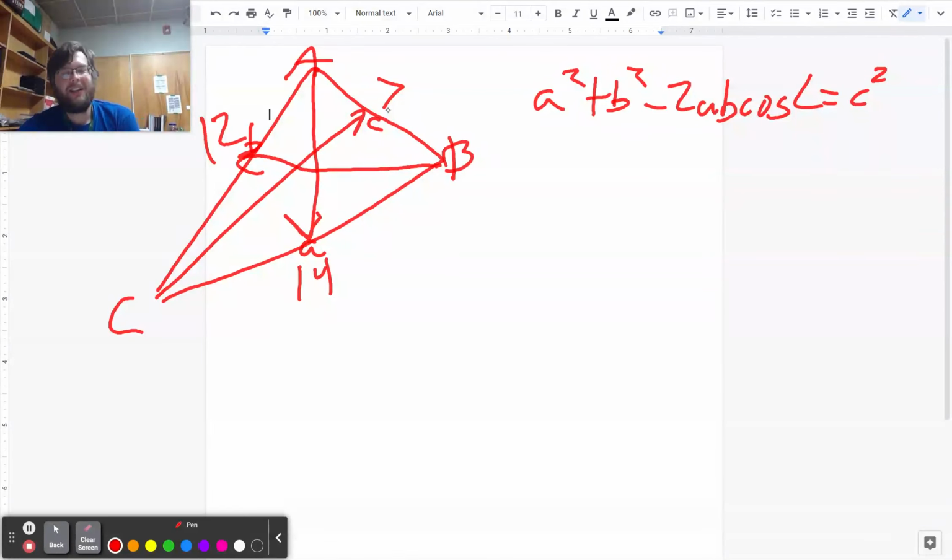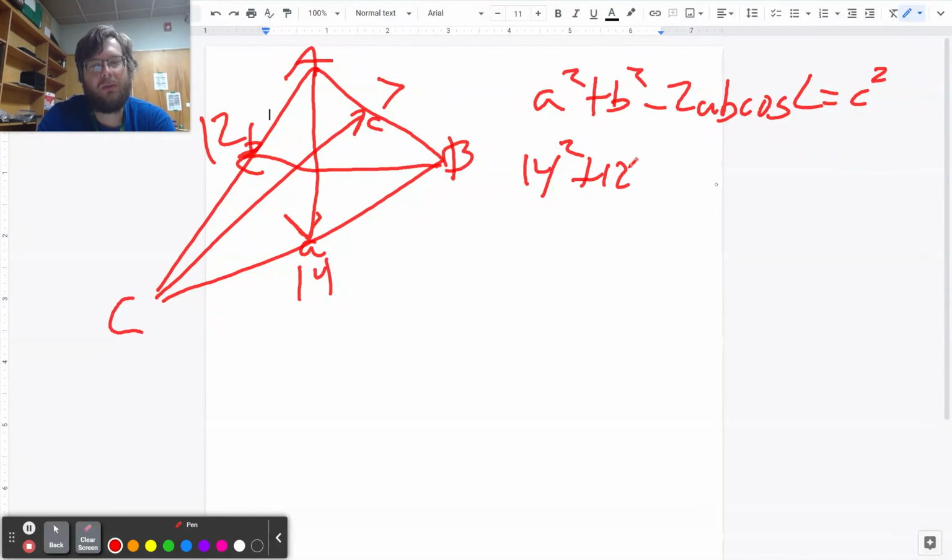Notice that it's not the case anymore that C has to be the longest side. A, B, and C are just any sides on a triangle because we're not talking about right triangles anymore. So we have 14 squared plus 12 squared minus 2 times 14 times 12 cosine of C equals C squared.